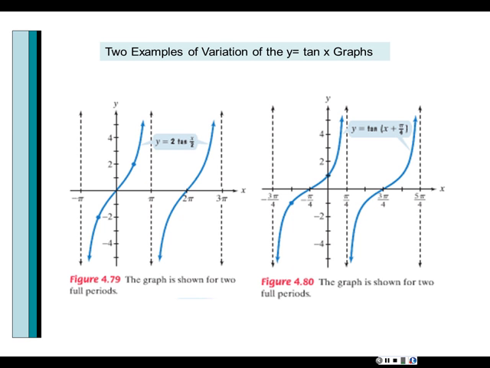Let me write this original equation. So here, this is your equation, so finding the asymptotes. What do we do? x plus pi by 4 equals to this, and then solve it for x.